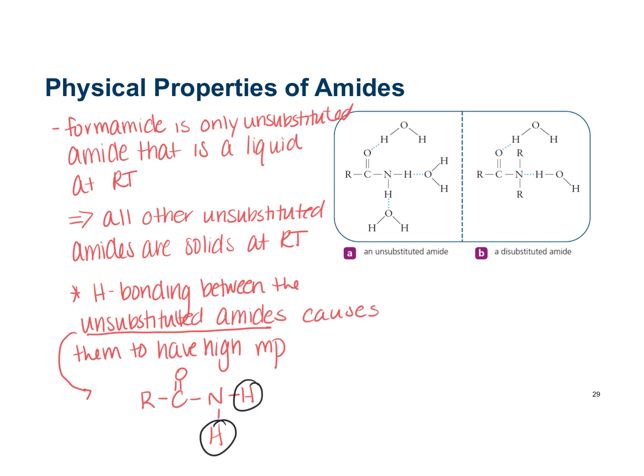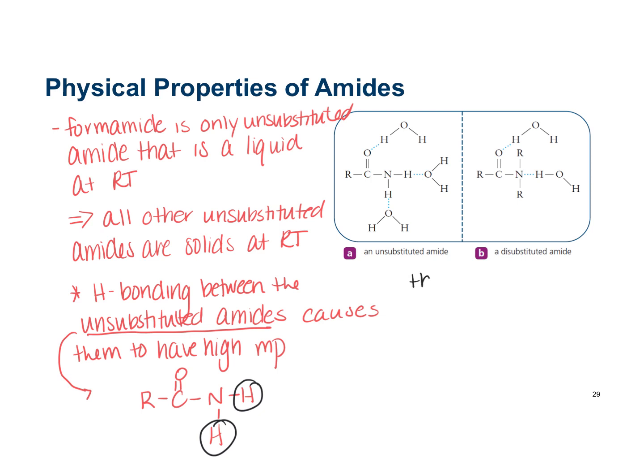Well, if one or both of those hydrogens are replaced with an R group or a CH3, now this can only form two hydrogen bonds. So we end up with a lower melting point.